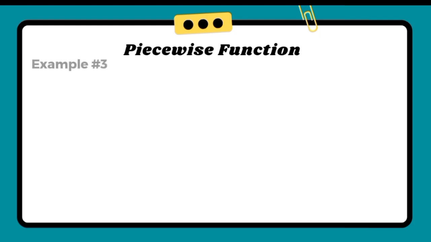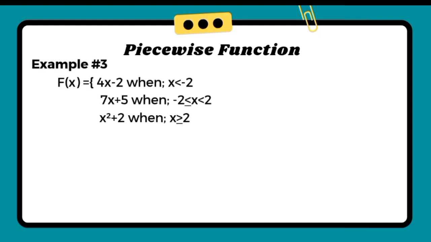So, example number 3. Sabi po dito, f of x is equal to 4x minus 2 when x is less than negative 2. Next is 7x plus 5 when negative 2 is less than or equal to x and x is less than 2.